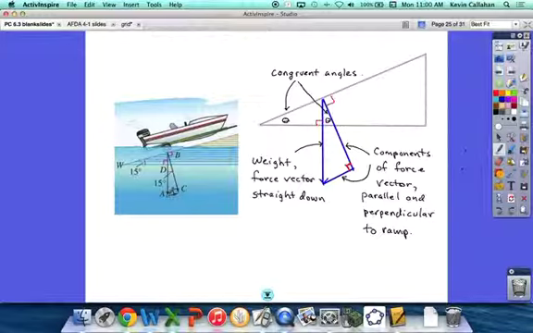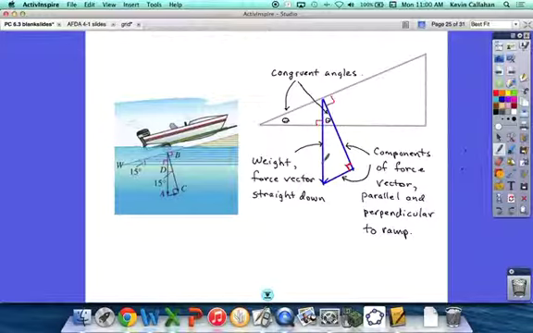Just like velocity has a magnitude, which we call speed, weight has a magnitude which we call mass, right? But when somebody says something about weight, that is not just the mass of the thing, but also the direction. It's going straight down with gravity. So this vector right here is the weight of whatever's on the ramp. Sometimes it's a boat, sometimes it's a truck, sometimes it's a motorcycle. You know, these problems come up all the time.